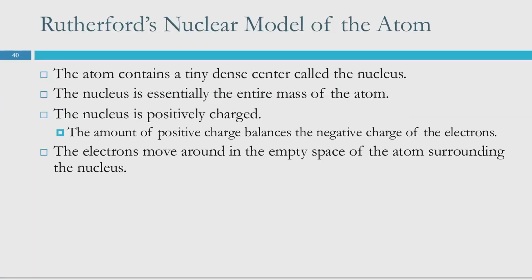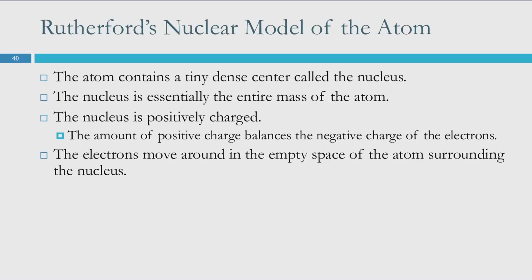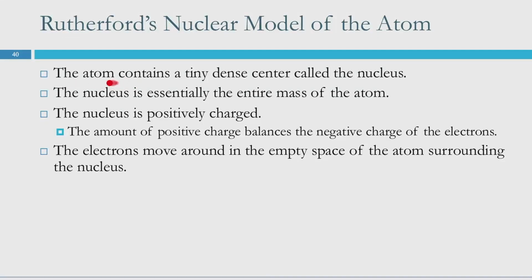Okay, so getting into the atom. We have to talk a little bit about what the shape of the atom is like to be able to show you why Rydberg's equation and some of the other stuff is interesting, relevant, etc. So our atom contains a tiny, dense center called a nucleus.